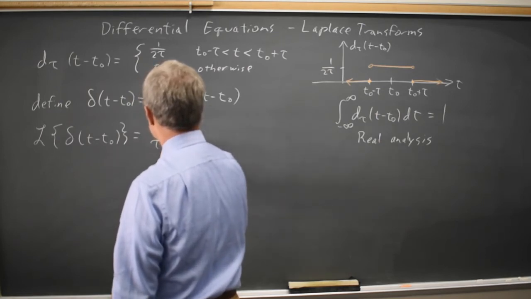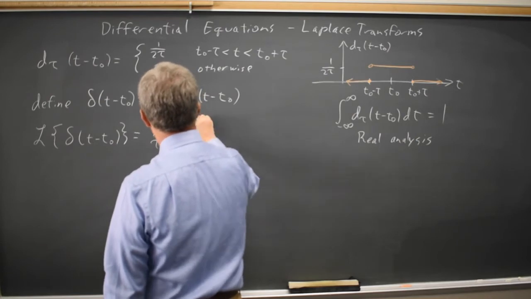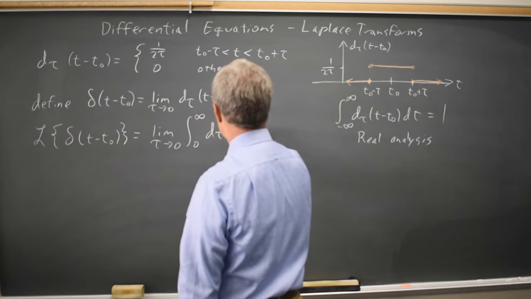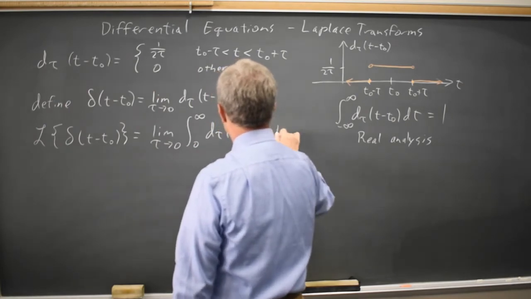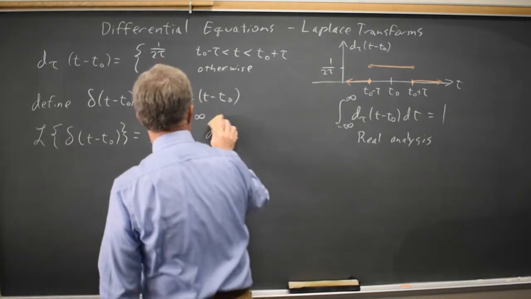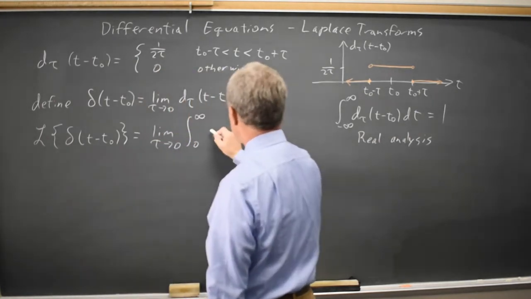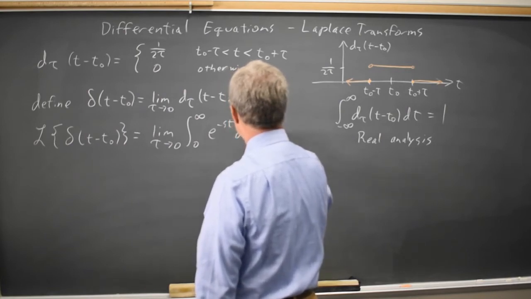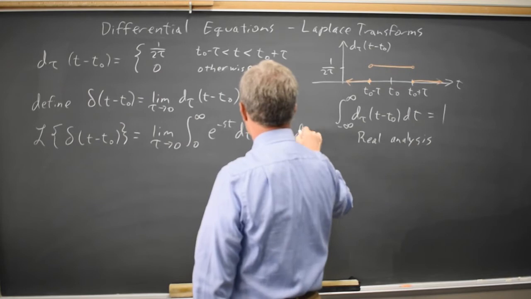So the limit as tau goes to 0 of the integral from 0 to infinity of d tau of t minus t0 dt. Oh, left out my exponential. E to the negative st d tau of t minus t0 dt.